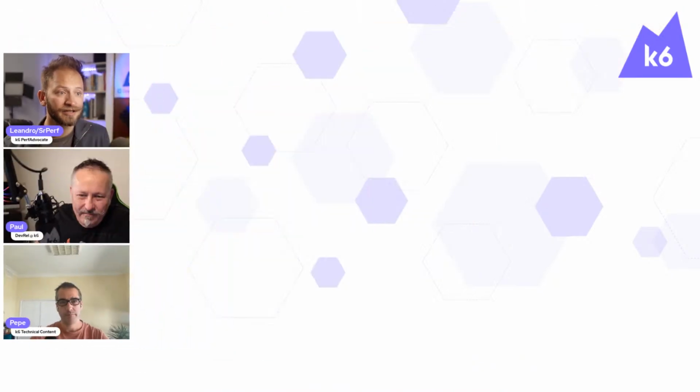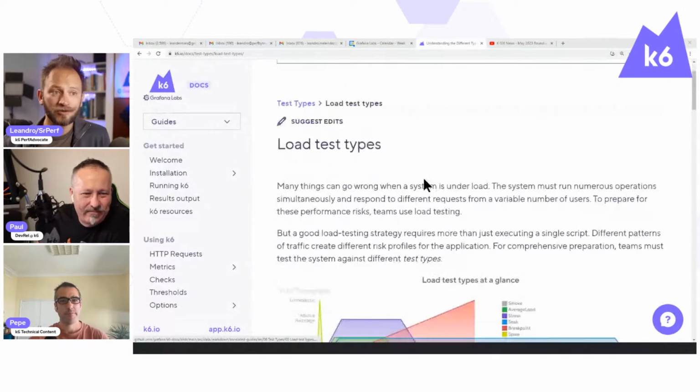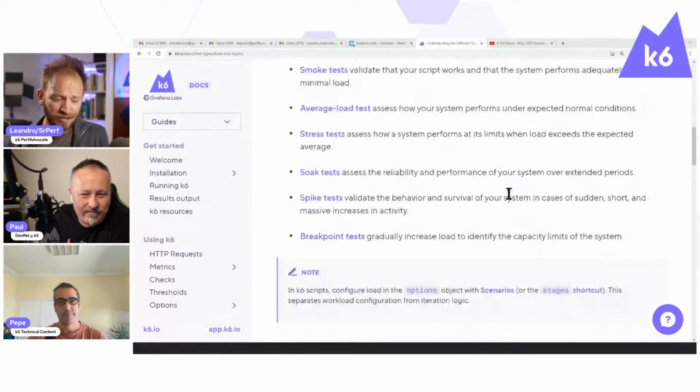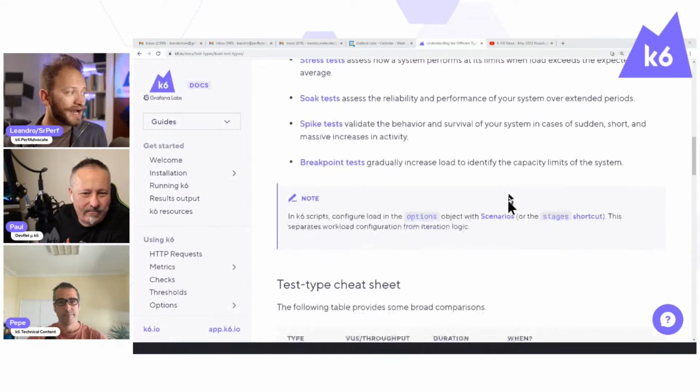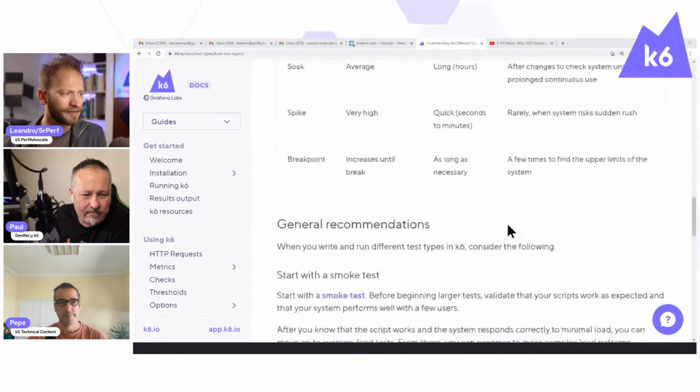And as well, we were mentioning earlier that we updated our documentation on load test types. Let me quickly show here. We created this new documentation. You can take a look. We tried to come up with the best we could do in examples and explanations on what type of load tests we have, how they are different, and pretty much what we are going to be talking about today.